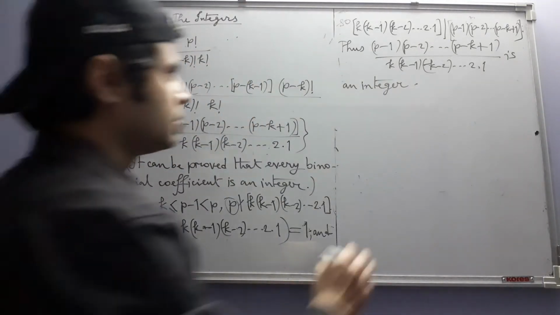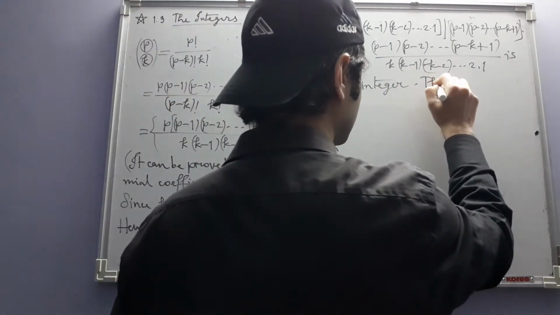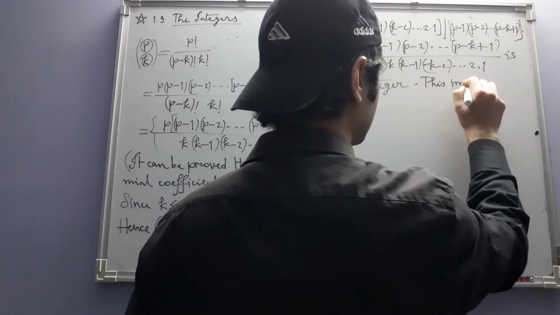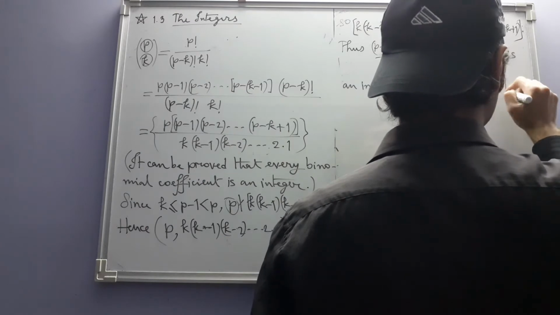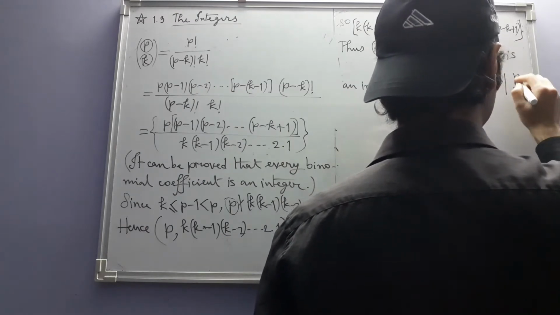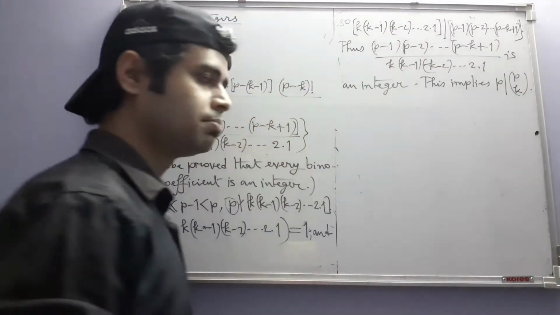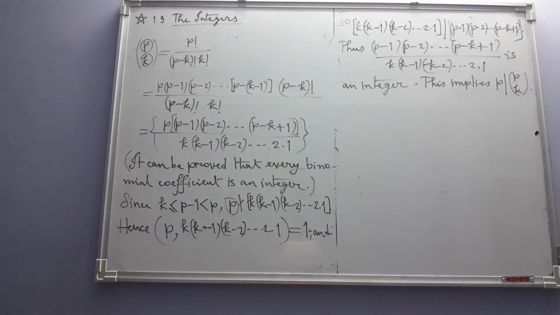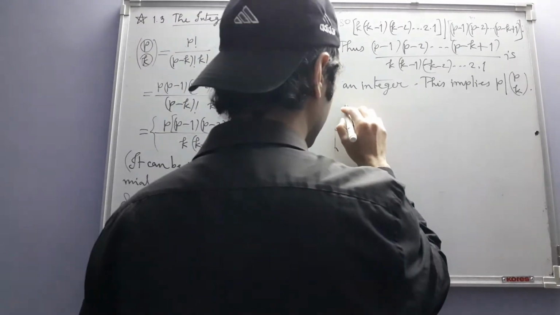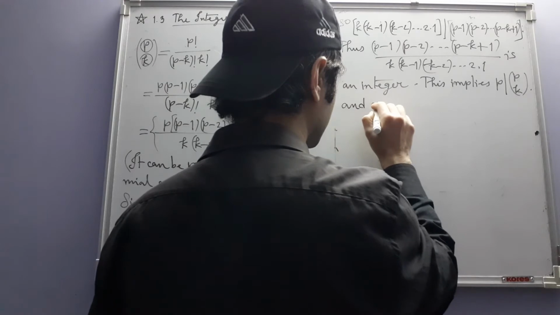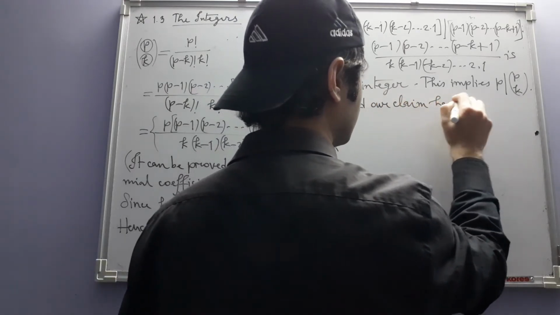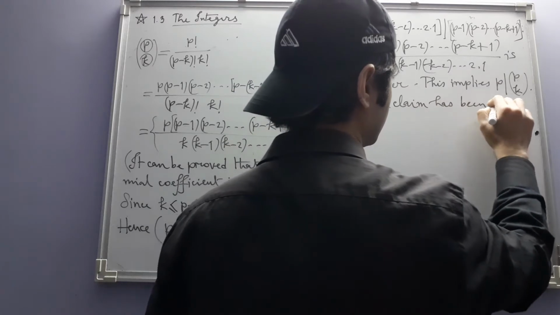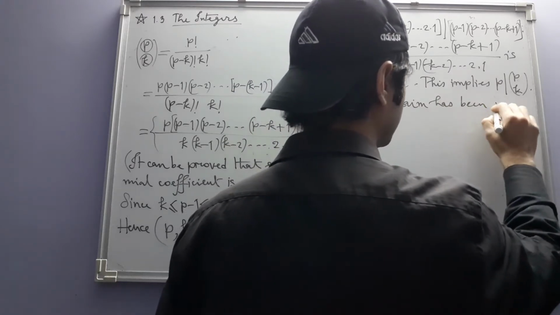Okay. This implies p divides this binomial coefficient. That's what we wanted to prove. That's what our claim was. And our claim has been proved.